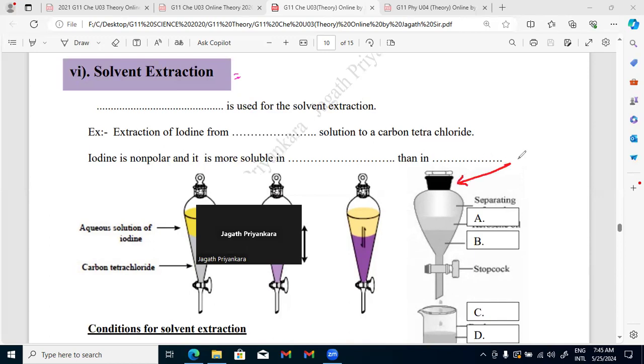I don't know whether you have seen this in school. It's available in the school laboratory. It's made of glass. In Sinhala, we call it Berum Punile. There's a tap here, the stopcock, and a lid here. You can close it from both ends.